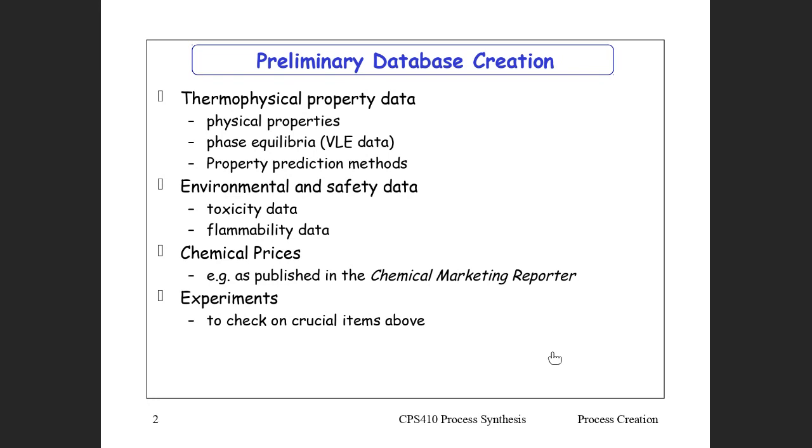You need to get thermophysical properties data, and Aspen has got an excellent database for that, but of course that's expensive. You've got DWSim, which is free. It's open source software, and it has a pretty good physical property database.